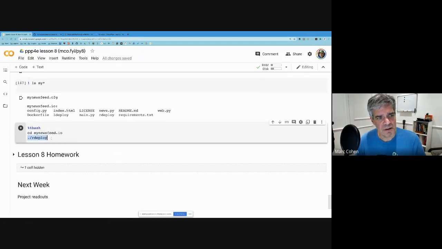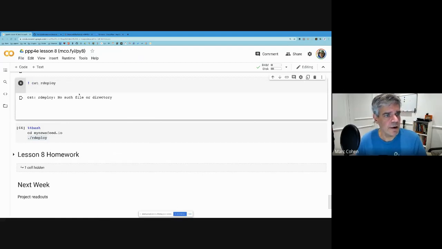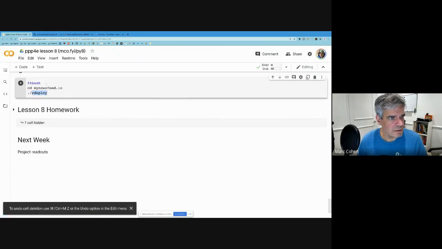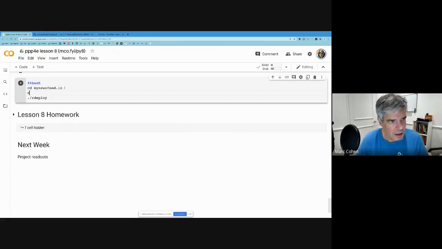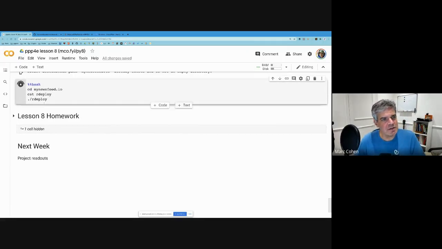The magic in the next step is this rdeploy script, and I can show you what that looks like. I'll show it to you down here in the right directory. That's going to take a little while because it has to do a bunch of things.